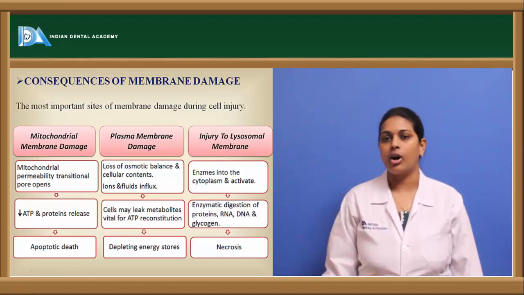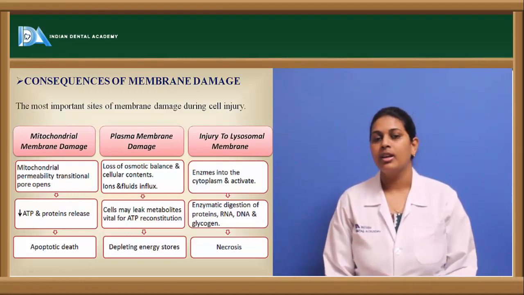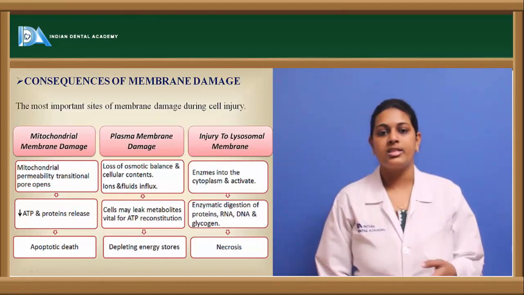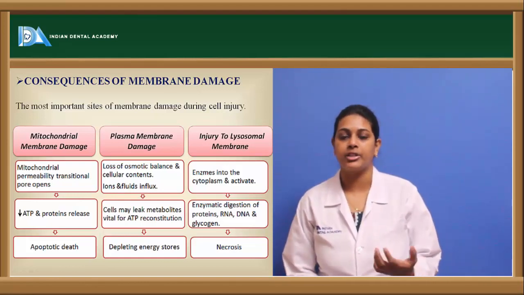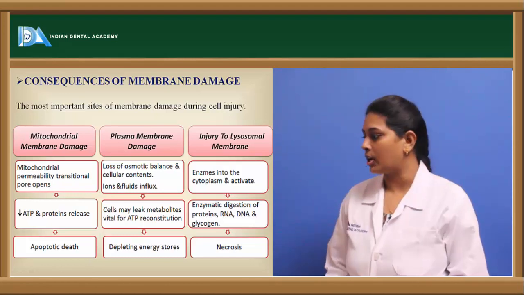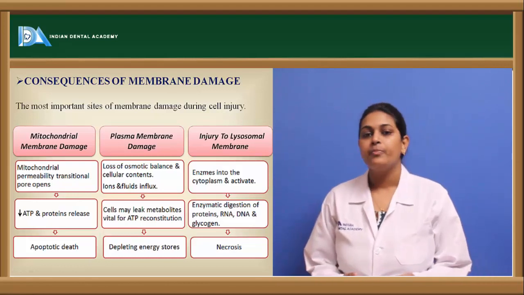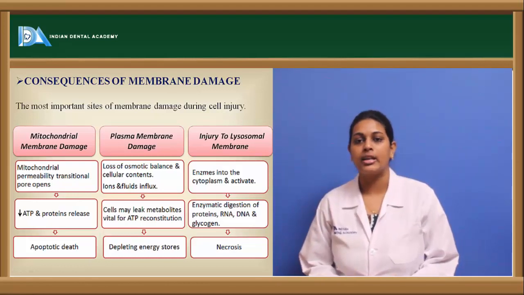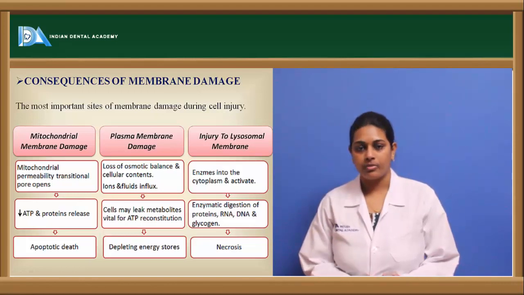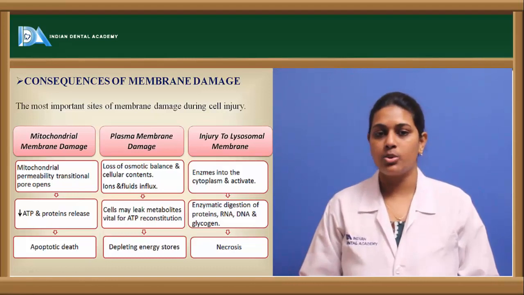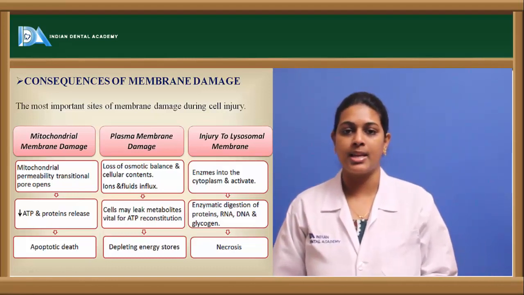When there is damage to the lysosomal membrane, these enzymes are released into the cytoplasm and they get activated. Once activated, they digest DNA, proteins, glycogen or even RNA. So there will be a decrease in the levels of proteins, DNA and glycogen, which leads to a condition known as necrosis, that is, a death caused by enzymatic digestion.